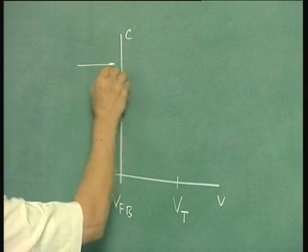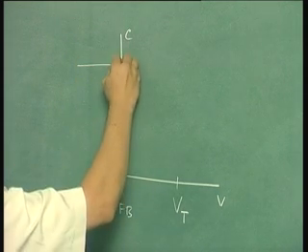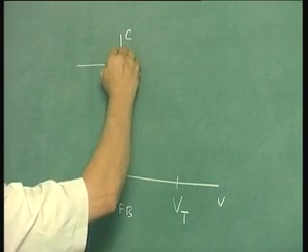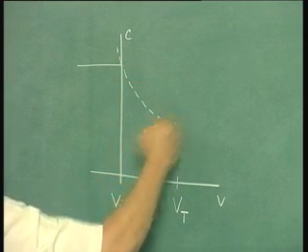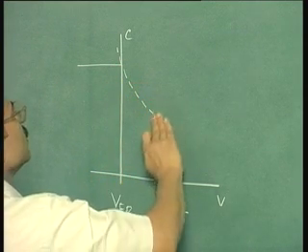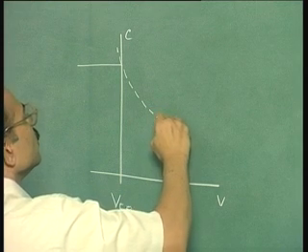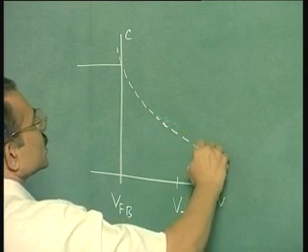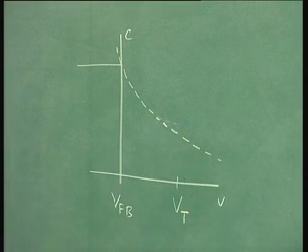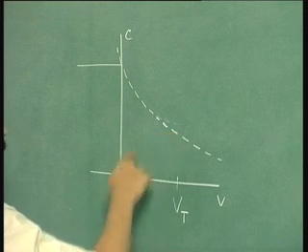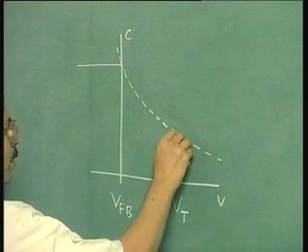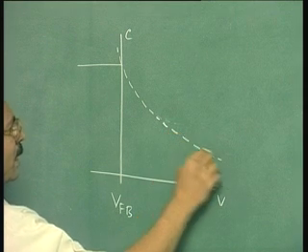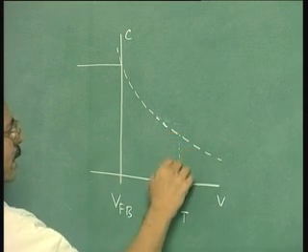One is a constant segment, then you have a segment that is a kind of square law, which goes like this. It is a quadratic equation for capacitance versus voltage, which is cut off at the threshold voltage point.